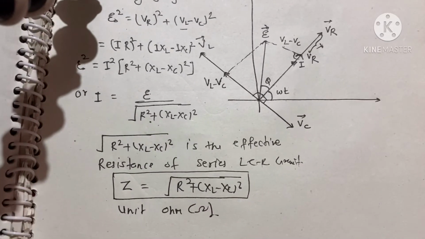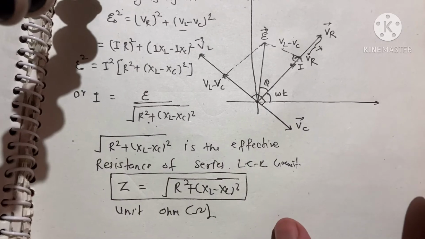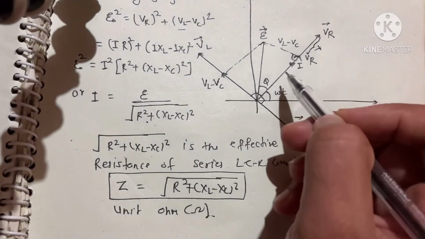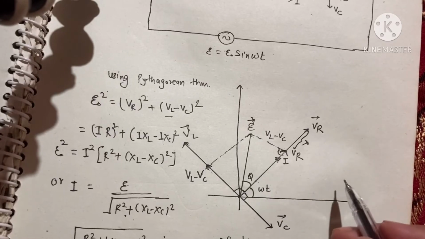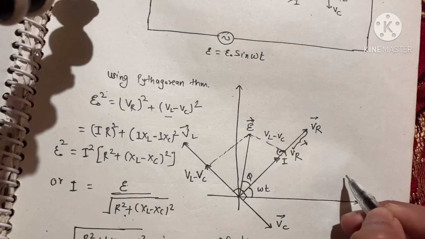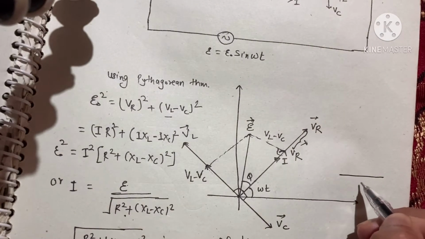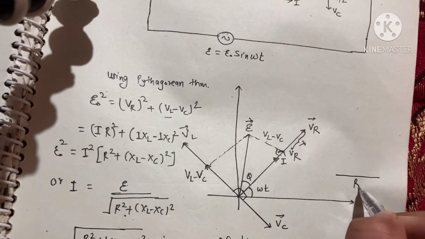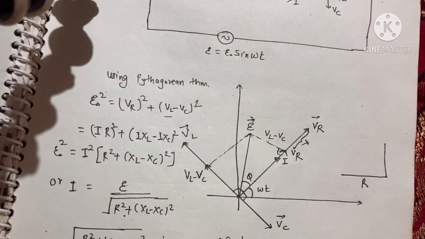This is impedance, and this was the phasor diagram. You can make an impedance triangle from this diagram like this. Take this line, this is your resistance R, and this line is XL minus XC.